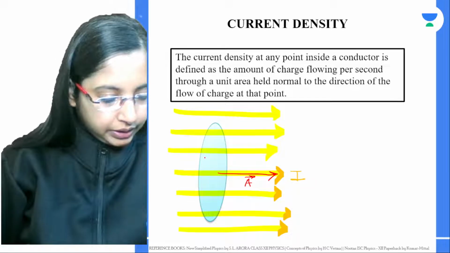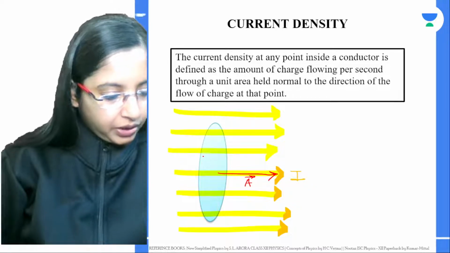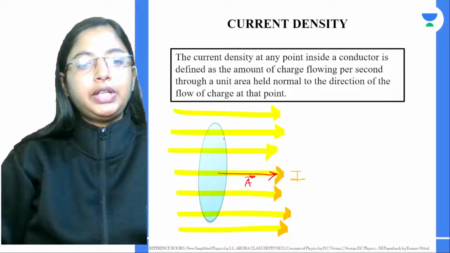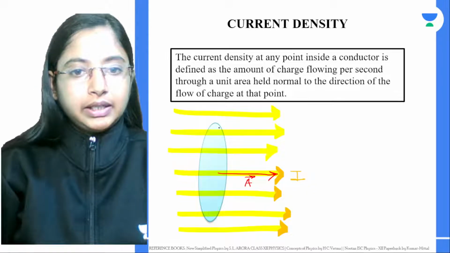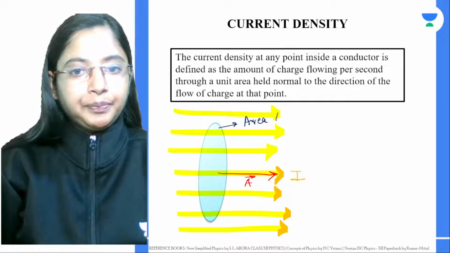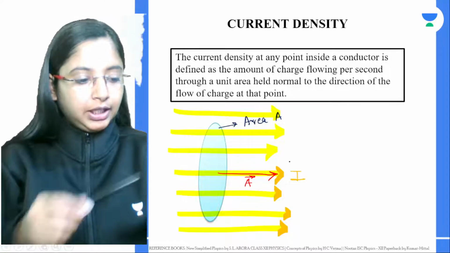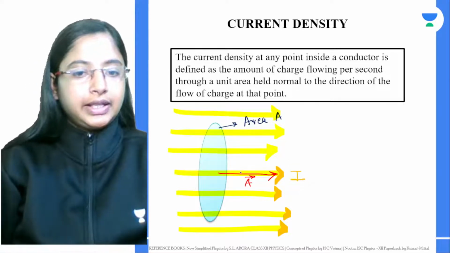So this basically is area A, and this is your area vector. Now that it's given a direction, you can say it's moving in this direction.